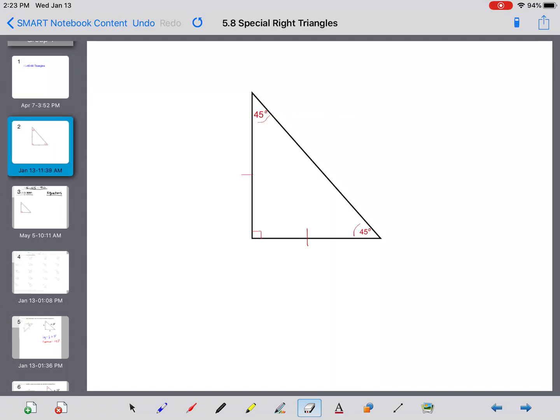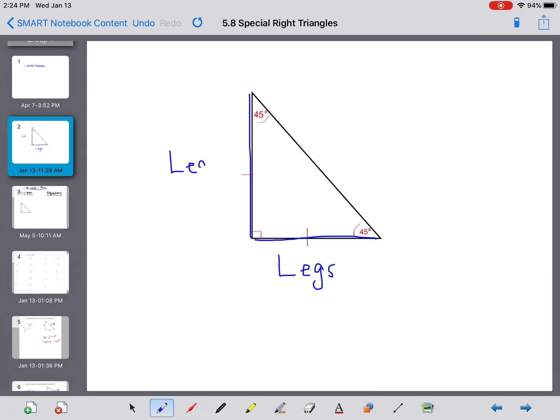In a 45, 45, 90 triangle, we identify these sides of the triangle. The sides where the right angle meets are what we call the legs in a right triangle.